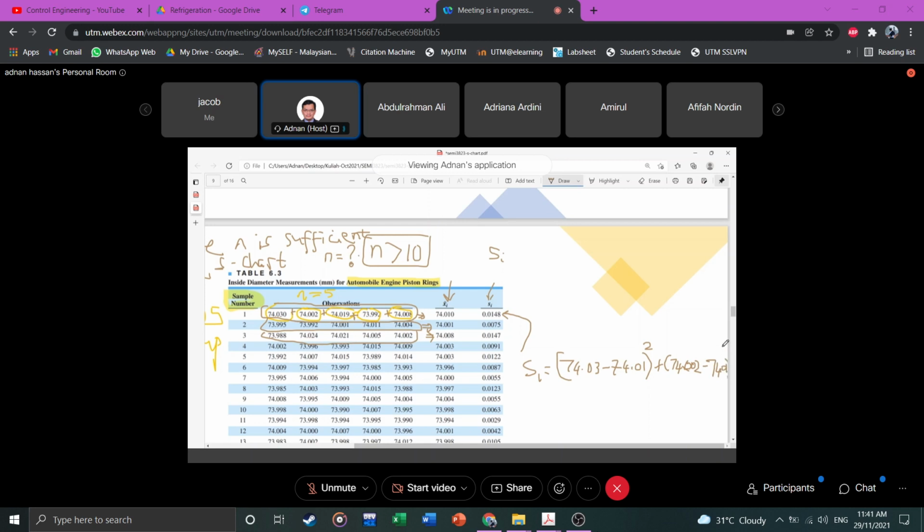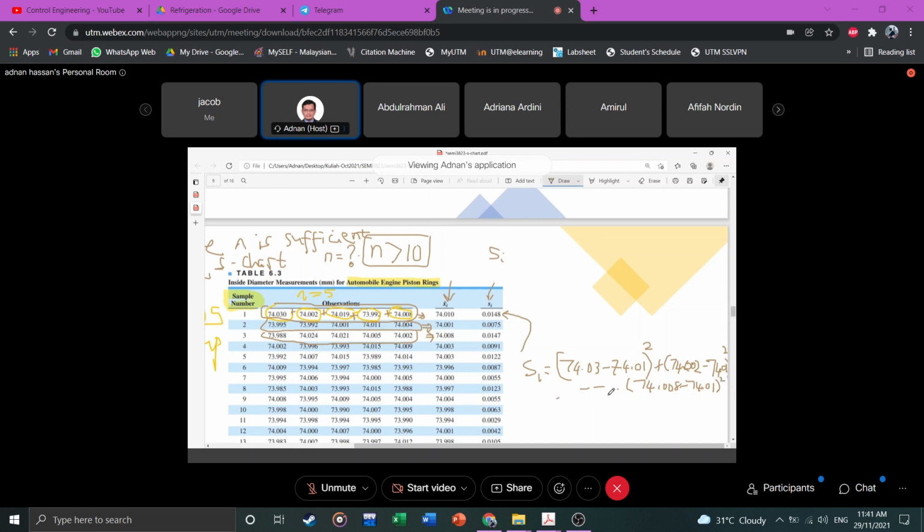You square that and continue until you get the last value. The last value is 74.008 minus 74.01. Square that.